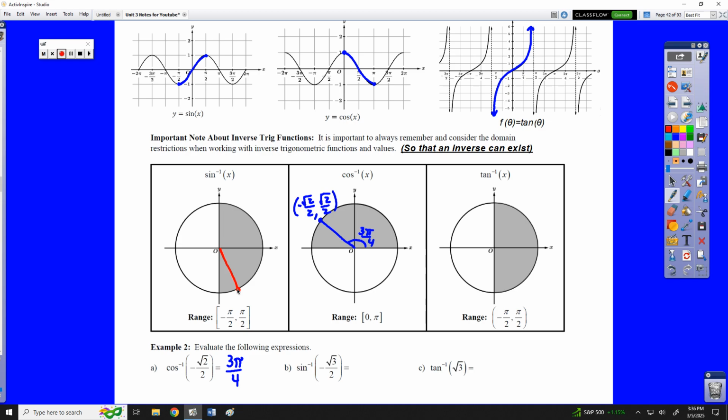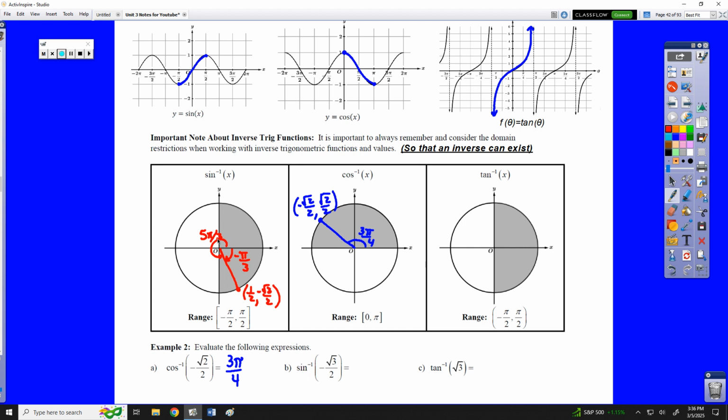Okay, and that's the point with the coordinates of 1/2, negative root 3 over 2. Well, that is an angle of negative pi over 3, which, remember, is coterminal with the 5 pi over 3 angle.